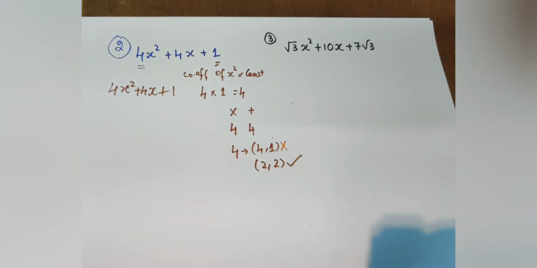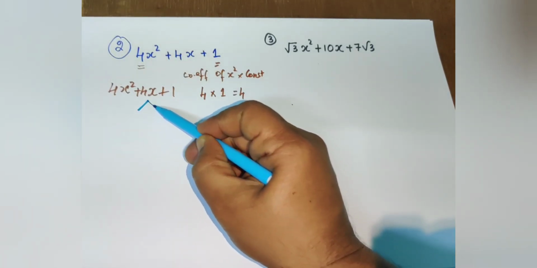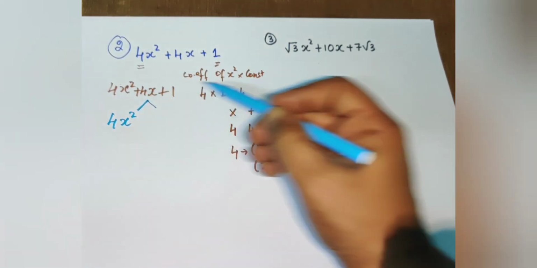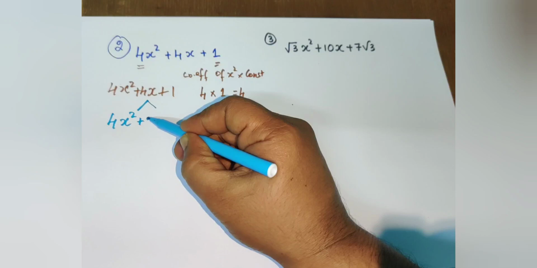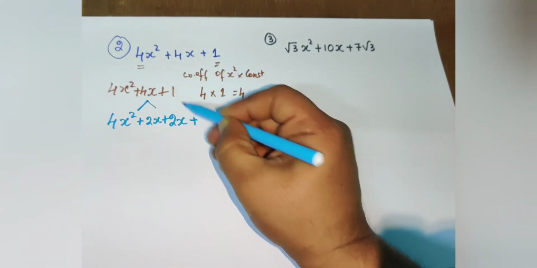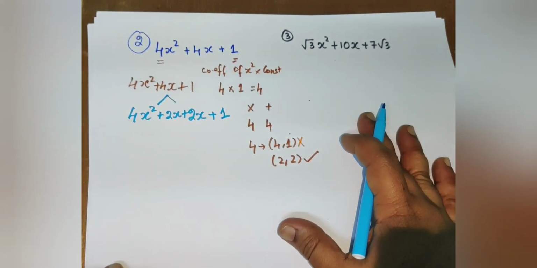Now we have found the splitting of the middle term: 4x can be written as 2x plus 2x, then plus 1. Now kindly listen carefully.